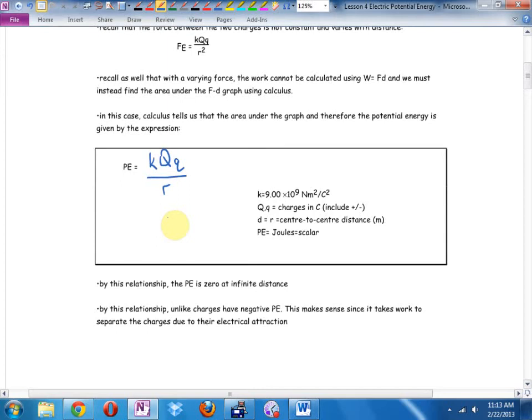By this relationship now, energy is a scalar. For scalars, we're going to put in the positive and negative signs. Remember, for forces and fields, I actually told you that sometimes they write the equations with absolute value signs around them to let you know, don't put negatives and positives in. We decide the directions. For scalars, we have to put the signs in.